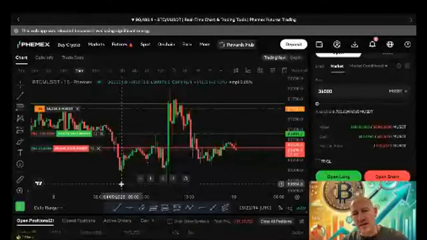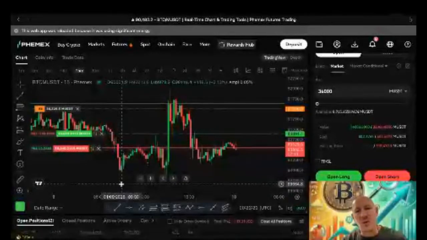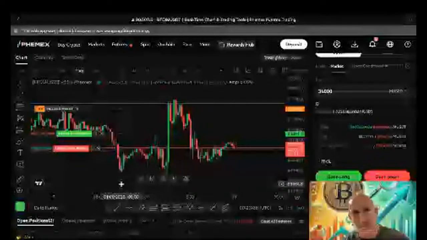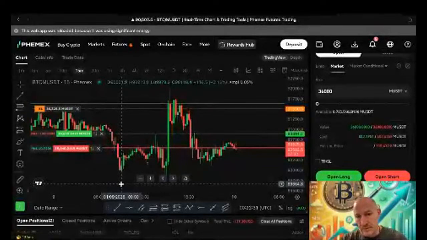When it does find support, I will take profits on my short, and then I will enter more long contracts at that level. That's kind of the strategy.